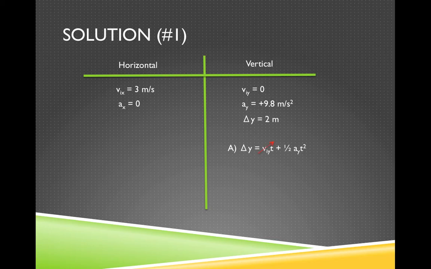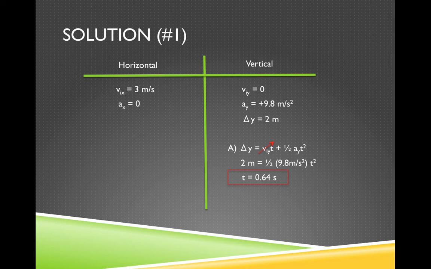Plugging in the initial velocity in the y of 0, we can get rid of the first term. We plug in 2 meters for our displacement, and then 9.8 meters per second squared for our acceleration in the y. And rearranging, we can solve for t, and we find the time to be 0.64 seconds.